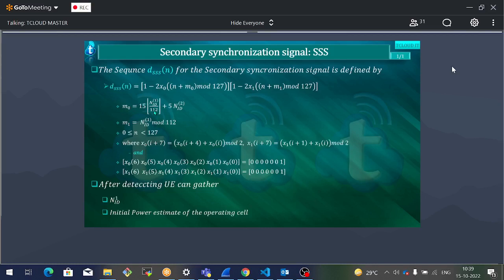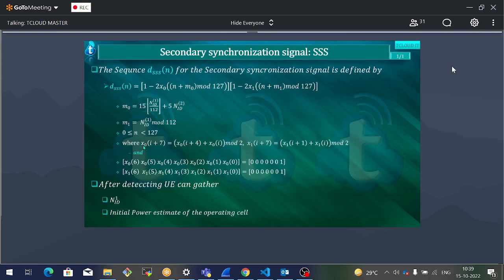Once NID1 is configured, the transmitter, the gNodeB, stuffs in the NID2 that is already configured, calculates M0, and with NID1 itself, it calculates M1. Once you have M0 and M1, substitute them here and you can calculate the X0 sequence and X1 sequence.